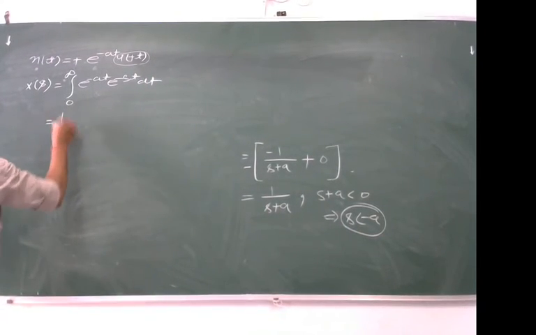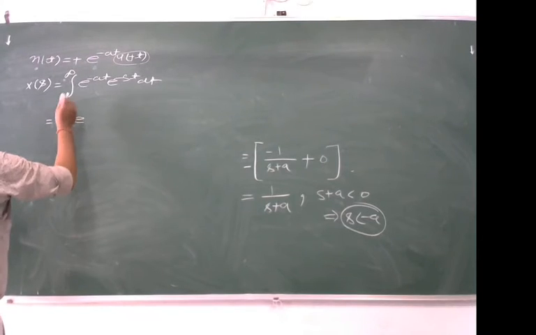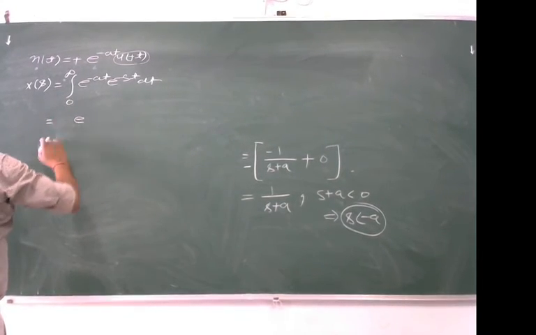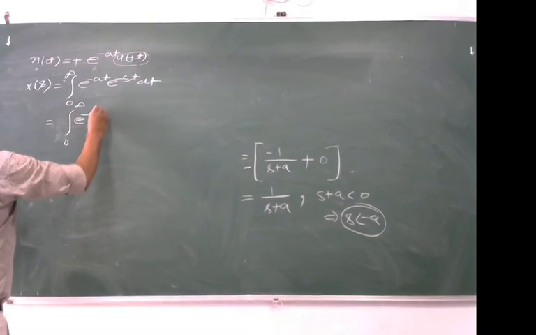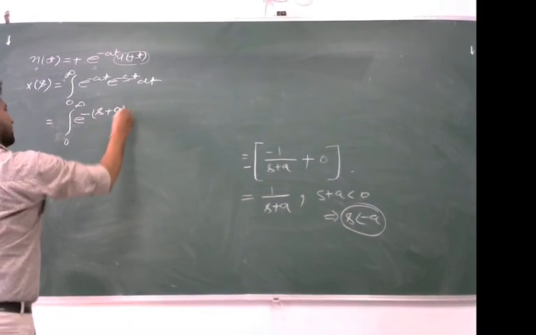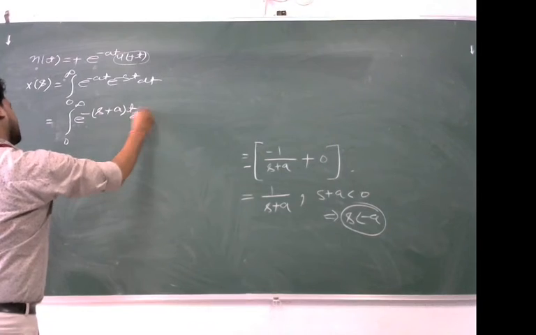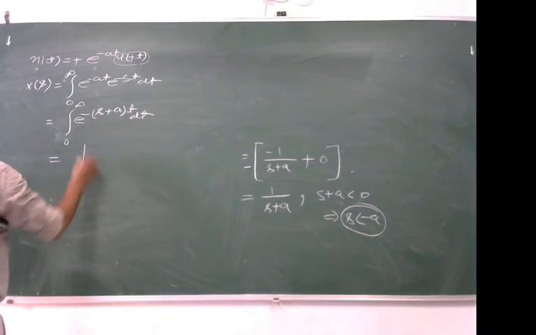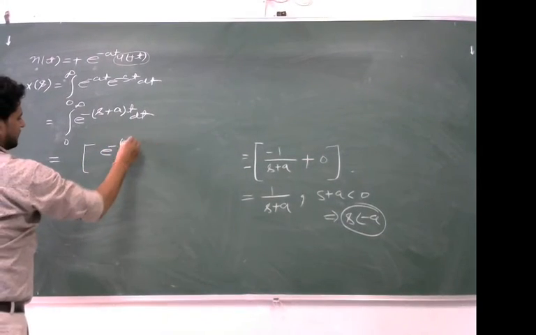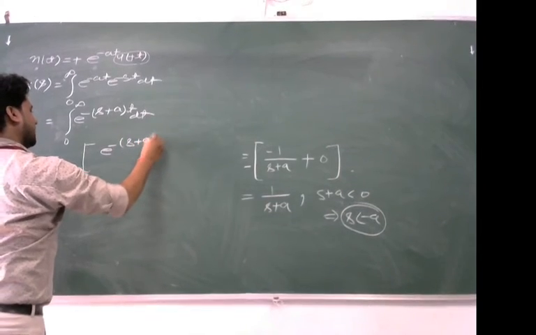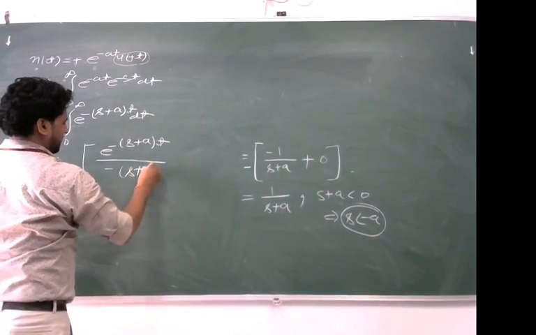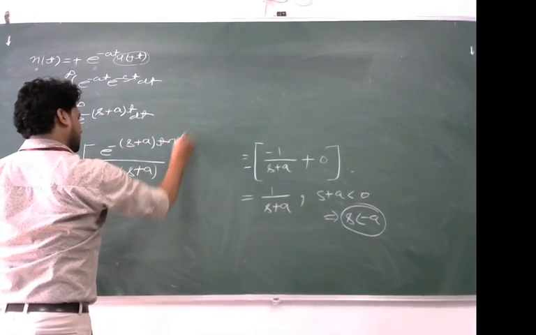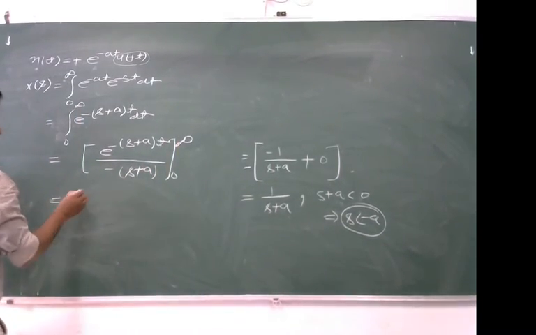This is equal to the integration from 0 to infinity of e power minus (s plus a) t dt, and this will be equal to e power minus (s plus a) t upon minus of (s plus a), from 0 to infinity.